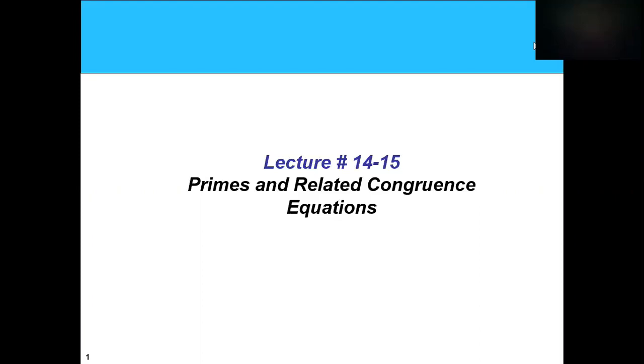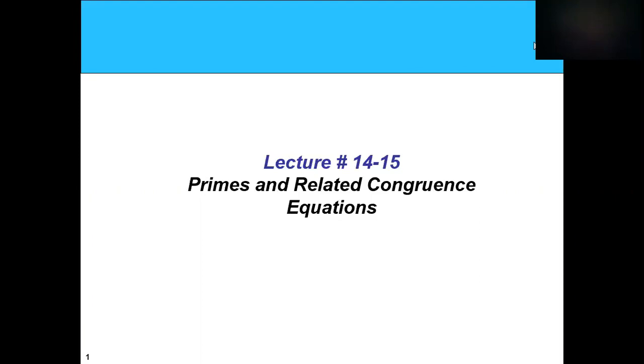So these are again two lectures fundamentally based on number theory, and these definitions are required in public key cryptography. So let me introduce prime related congruent class equations and some other ideas.